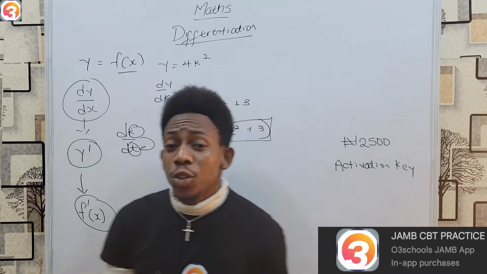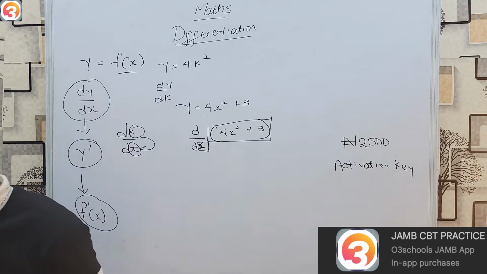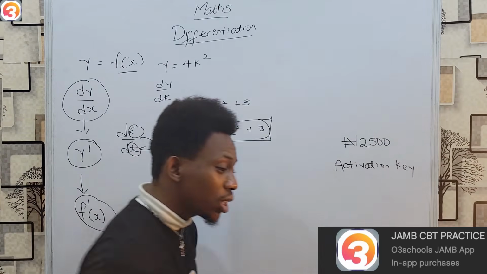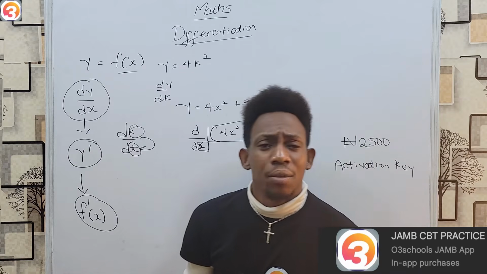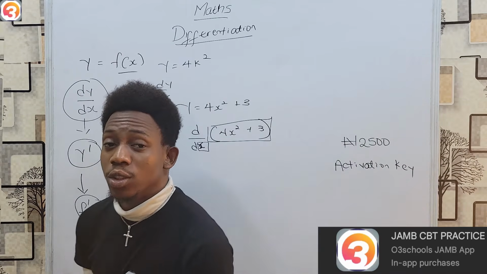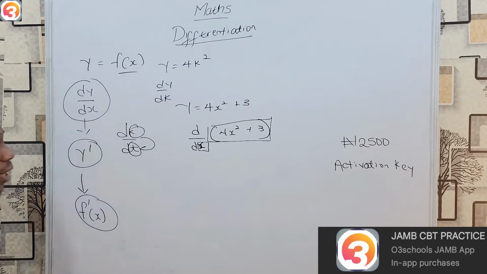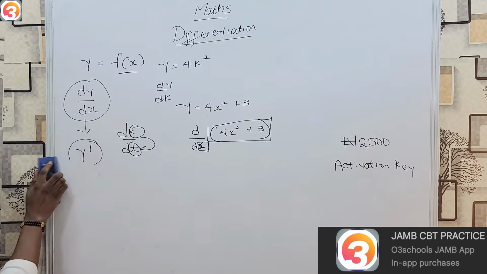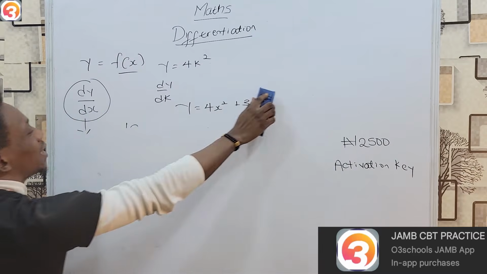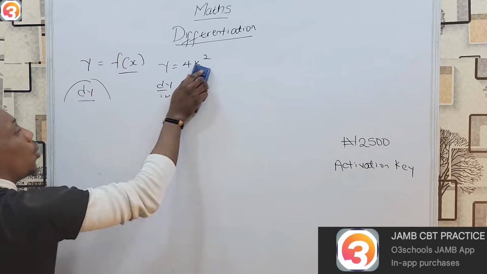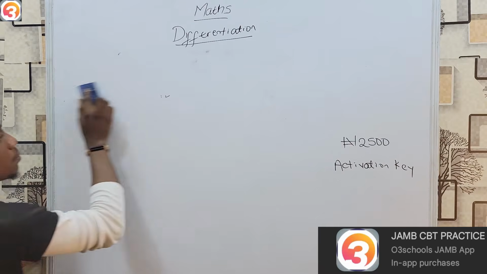Now, how do we actually do this solving? Most commonly, differentiation can be done using something called the first principle. It is a very long method, depending on the question, which we do not need to cover in this class, because as far as JAMB is concerned, you can simply use what is known as a standard table of derivatives.